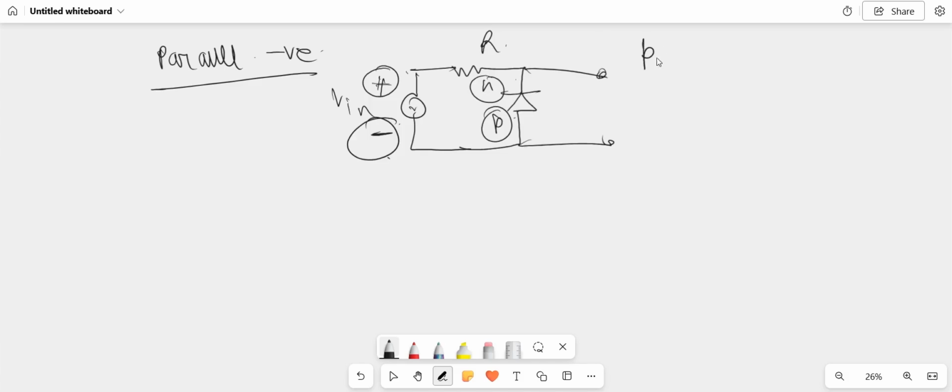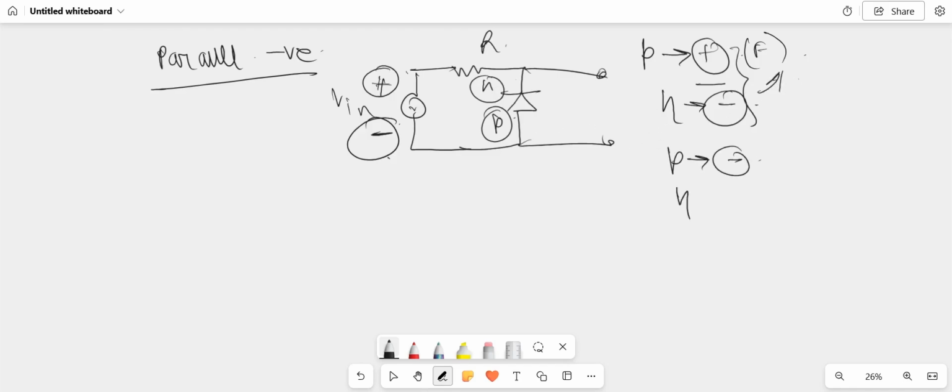As we know, if the P terminal is connected to the positive end and the N terminal is connected to the negative end, then the diode will be forward biased. But if the P terminal is connected to the negative end and the N terminal is connected to the positive end, then this diode will be reverse biased.